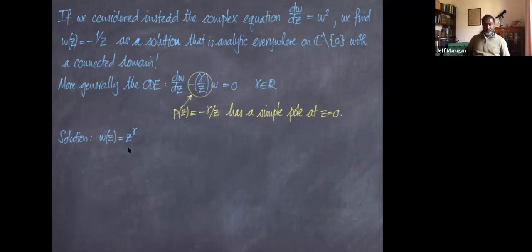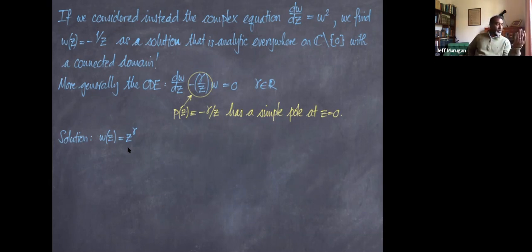In particular, if gamma is a non-negative integer, so if gamma is 1, 2, 3, etc., then z equals 0 is a regular point. There's nothing particularly funky that happens at z equals 0. On the other hand, if gamma is a negative integer, -1, -2, etc., then I've got a pole. The pole is simple if gamma is -1.